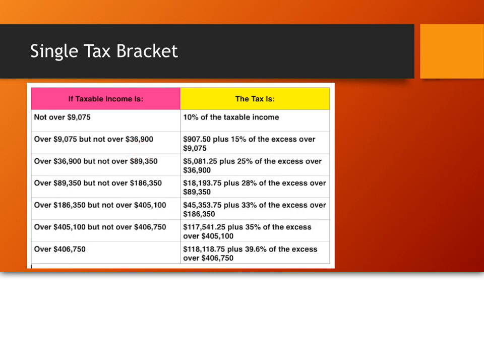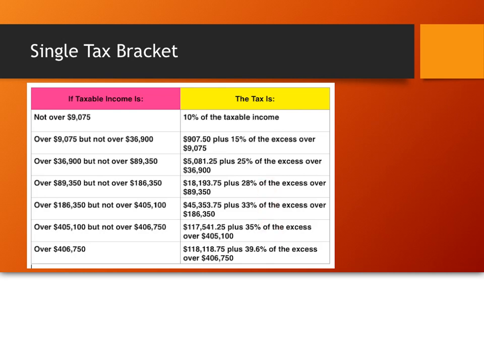After $36,900, well, your first $9,000 got taxed at 10%. From $9,000 to $36,900 got taxed at 15%. That totals up to $5,081.25. And then anything over that $36,900 is taxed at 25%. So you can see here that it's not a standard multiplier. I mean, there's multipliers in each of these tax brackets.